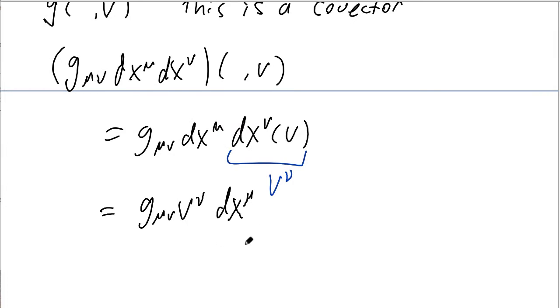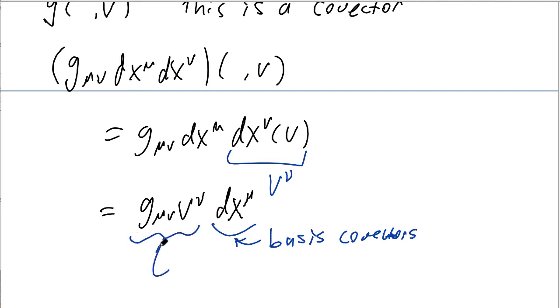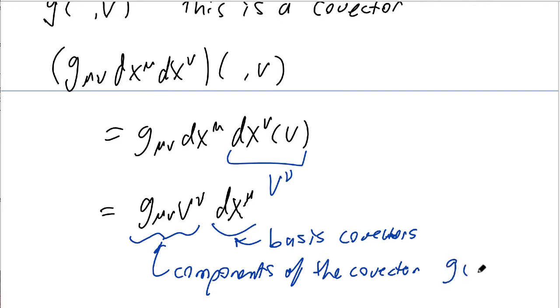Now this is indeed a covector. It's written as a linear combination of basis covectors. And the coefficients here are the components of the covector, the covector that we denoted above as g(blank, v).